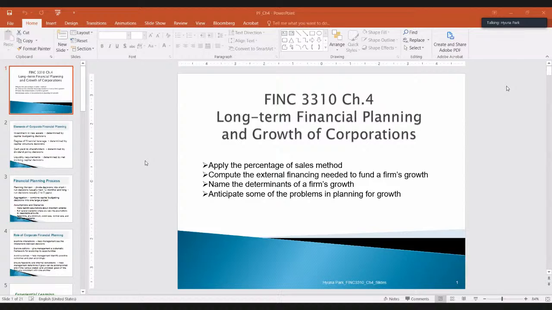So pay special attention to the topic. Chapter 4 is about long-term planning. Put yourself in the shoes of a company. Let's pick an easy company like Target, so everybody understands what Target does.